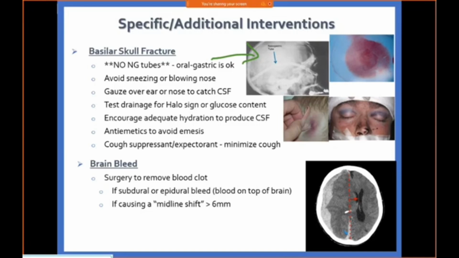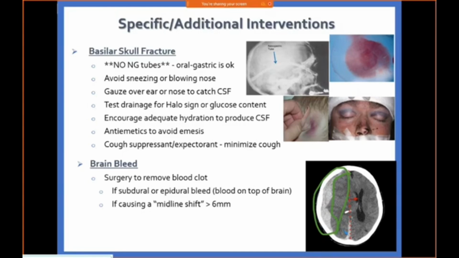Brain bleed, really, you're just going to be doing those 5 interventions. But if the bleed is on top of the brain, like this one is here, this bleed you can see right here is sitting on top of the brain. They may be able to go in and evacuate that out if it's causing a midline shift, which is what we see on CT scan.